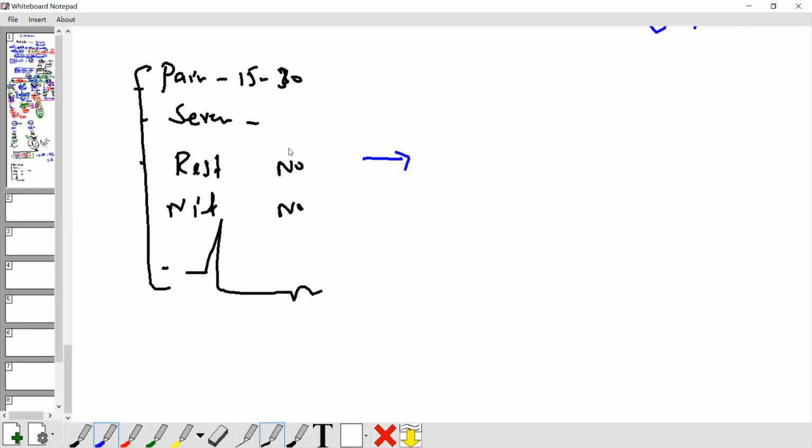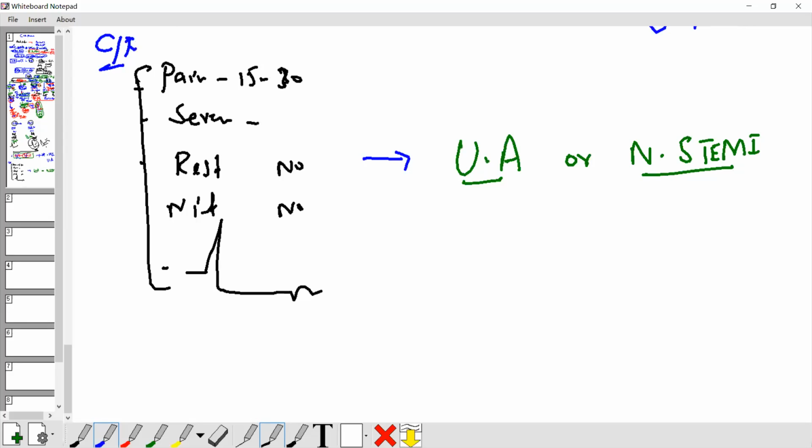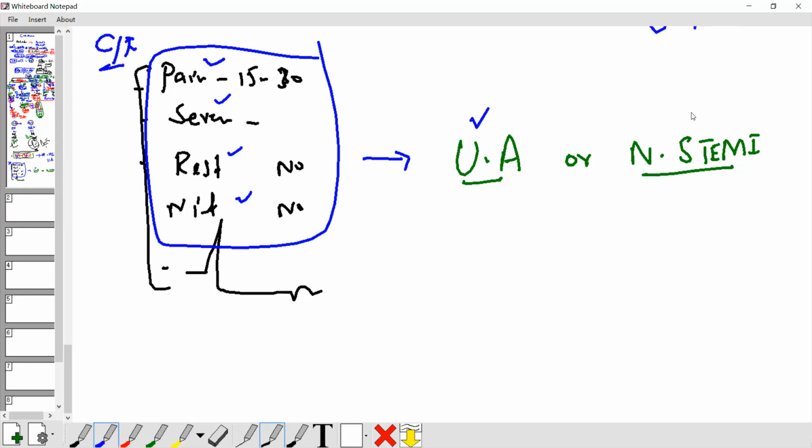Of course, it's not stable angina. It may be unstable angina, maybe non-STEMI. So from the clinical features, the pain, severity, rest and nitroglycerin, these just give me a hint. It may be unstable angina, the patient may be non-STEMI.